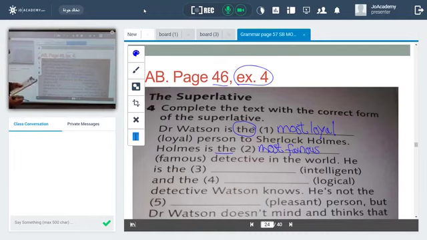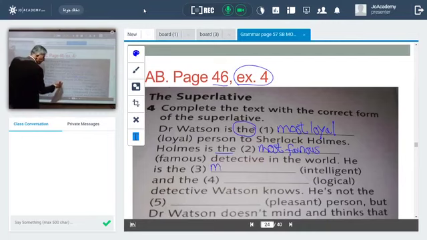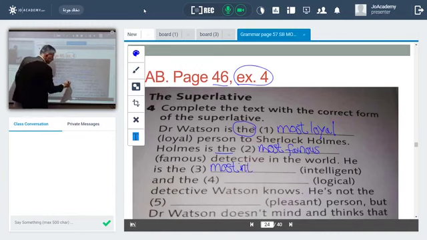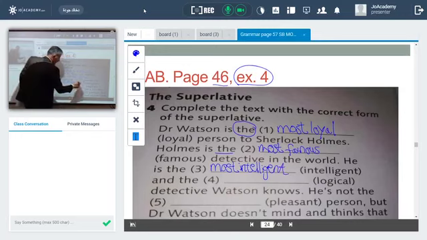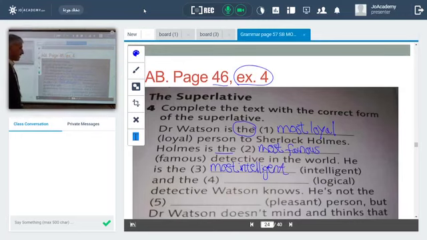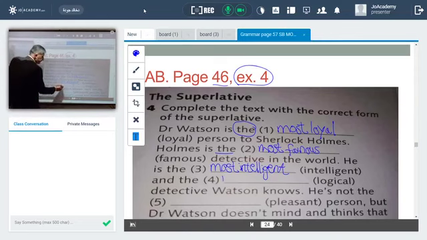He is the most intelligent. Why we use most? Because intelligent is long adjective. The most intelligent and also the most logical.